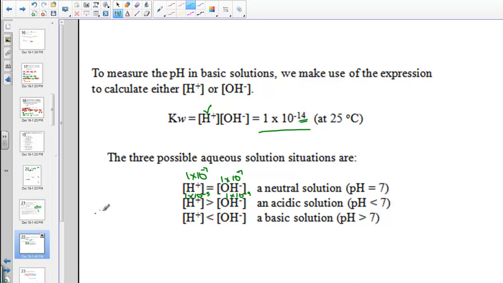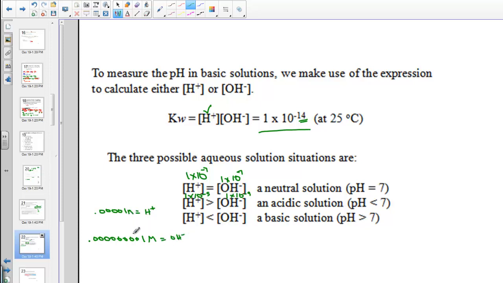So think about that. We have 0, 0, 0, 0, 1. That's 1 times 10 to the negative 5th as your hydrogen concentration. You would have 1, 2, 3, 4, 5, 6, 7, 8, 9. There is your concentration of hydroxide.